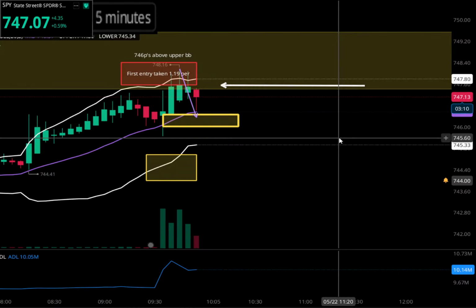And again, I will be cutting out the majority of my contracts. So currently I have 6 contracts. I'll be having them take 4. I'll leave the other 2 to run if there's room downward to run.